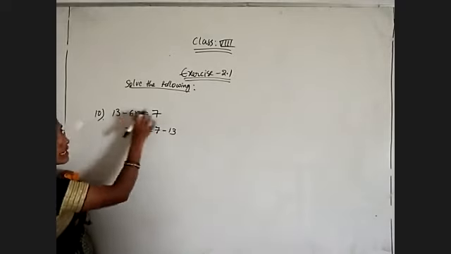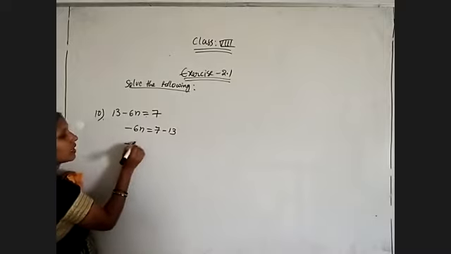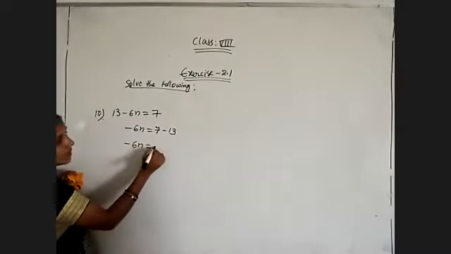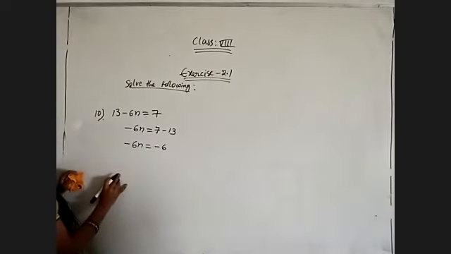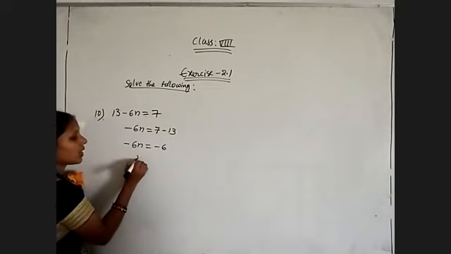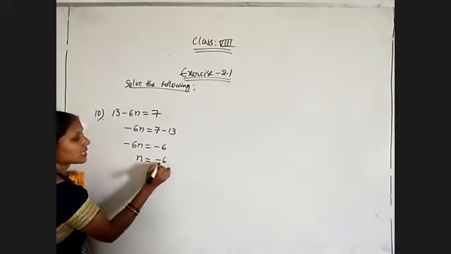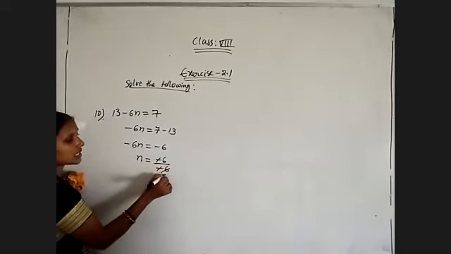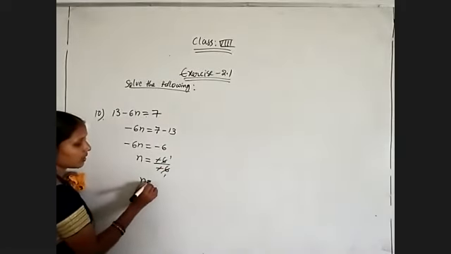Minus 6n is equal to 7 minus 13. 13 minus 7 is 6, and 13 is having a minus sign, so minus 6. Now n is equal to minus 6 by minus 6. Minus minus will get cancelled. 6 ones are 6, 6 ones are 6. So n is equal to 1.